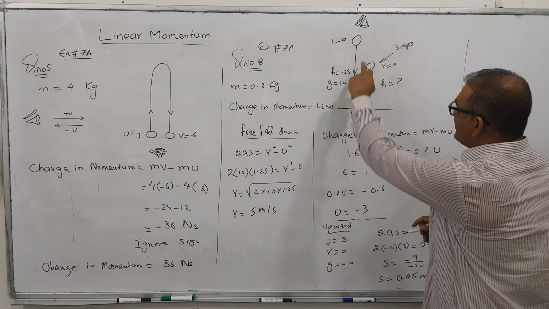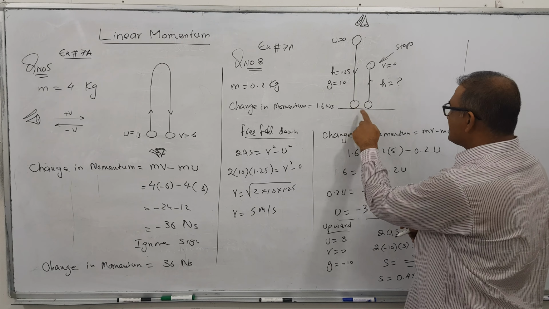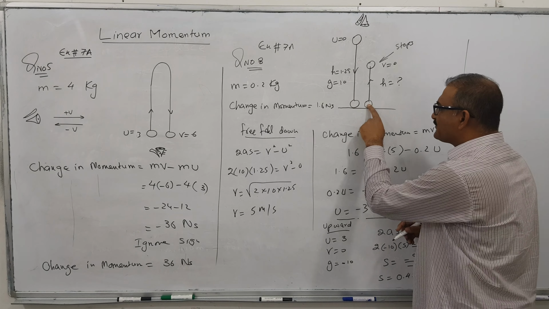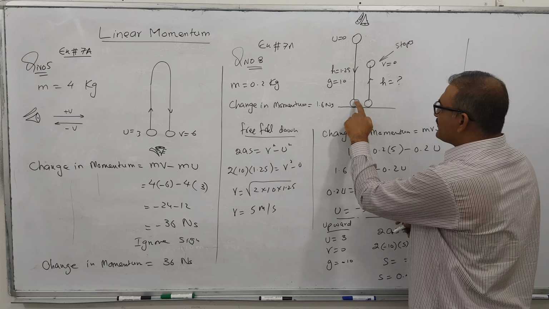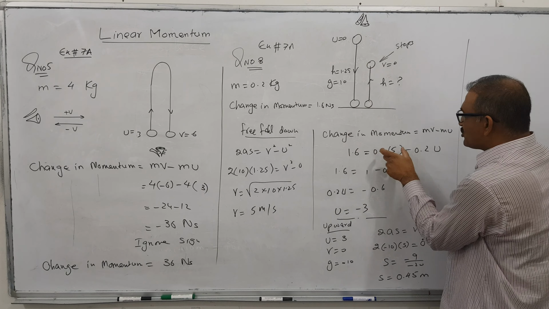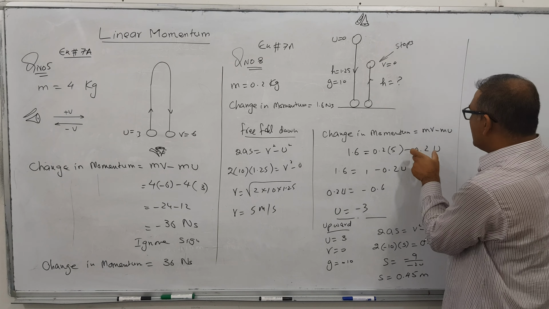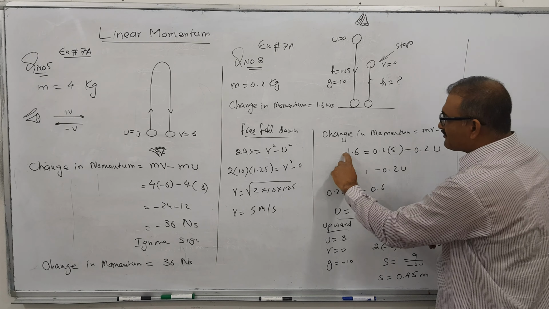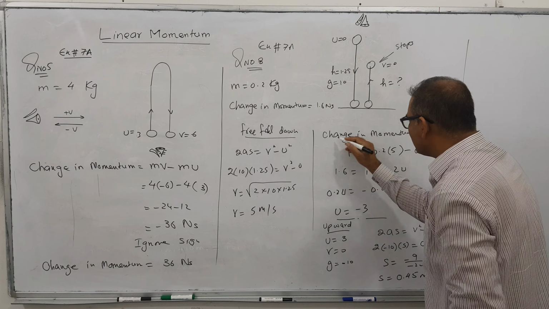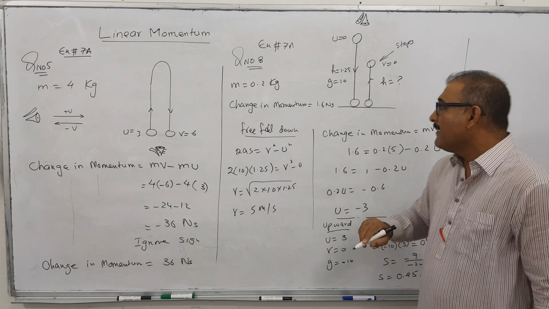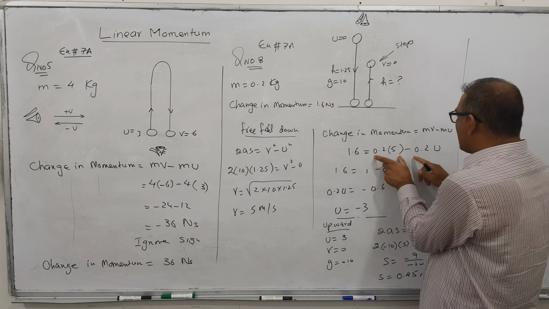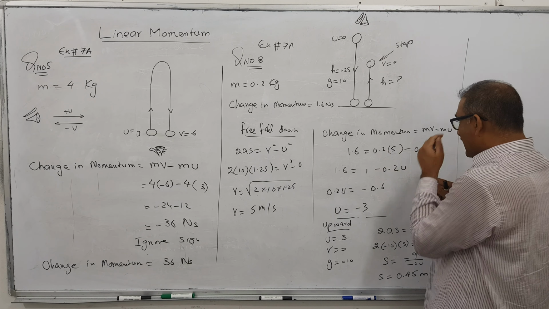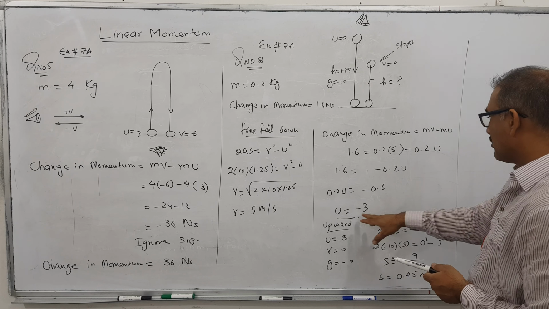For example, if you take the final speed and the initial speed, because this speed is smaller and this is bigger, smaller minus bigger becomes negative. Then I would have to take the change in momentum as negative. But because it's given positive, I took the bigger momentum minus the smaller momentum. And that is the reason we got this negative 3.